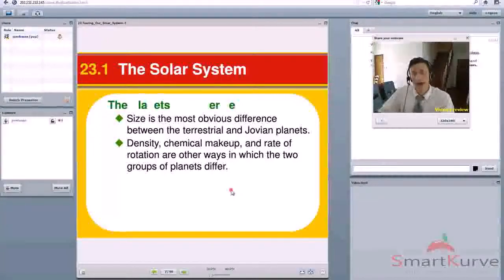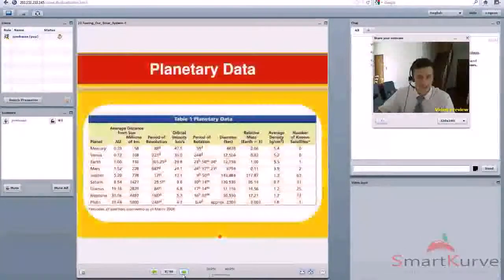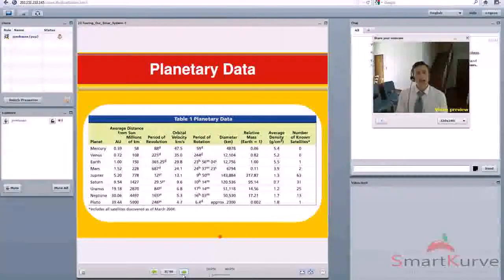You can see here Mercury is the closest planet to the sun. It's only 58 million kilometers away. Pluto, 5,900 million kilometers away. So that means that Pluto is about 100 times farther from the sun than Mercury. 100 times farther.